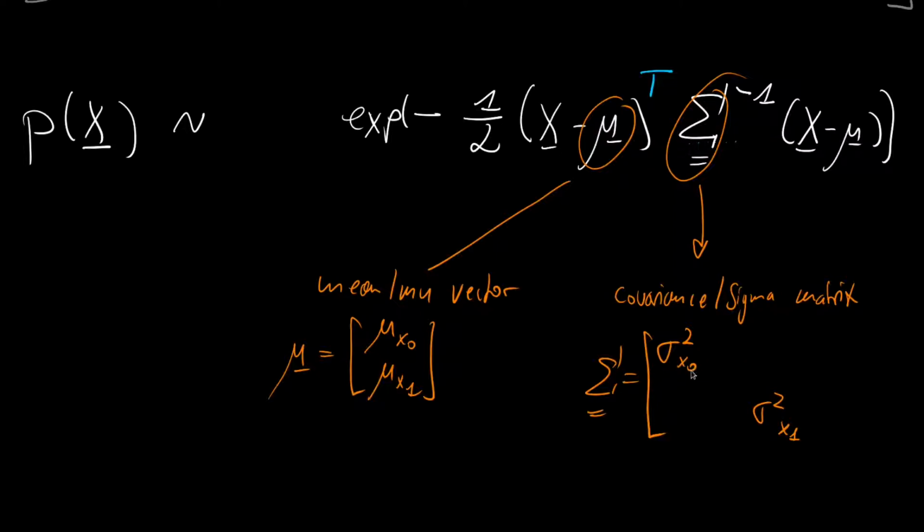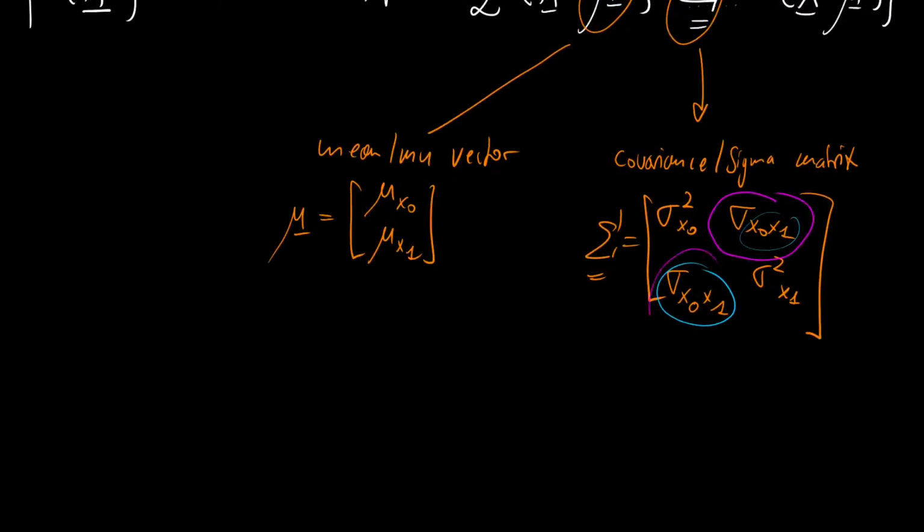But then we also save the interactions and we put them on the off-diagonal elements. So we put them here, a sigma x0 x1 and a sigma x1 x0. And right now we see, well, these are different, but actually they have to be the same because this matrix has to be symmetric. So we can also call this here an x0 and an x1. So let me keep the circle here and then closing matrix. And also let us note this down, this one here and this one. These are the covariances. And we call it the covariance matrix because it consists of the covariances and the variances.